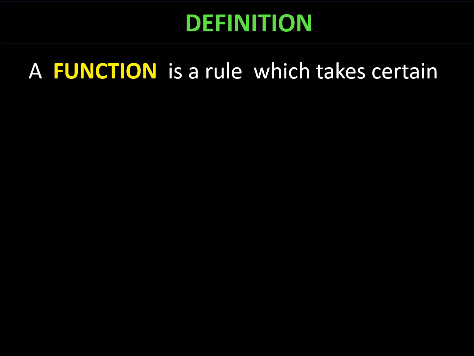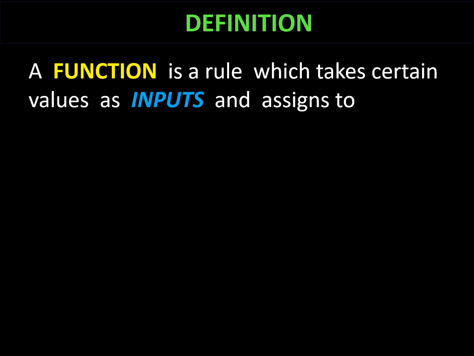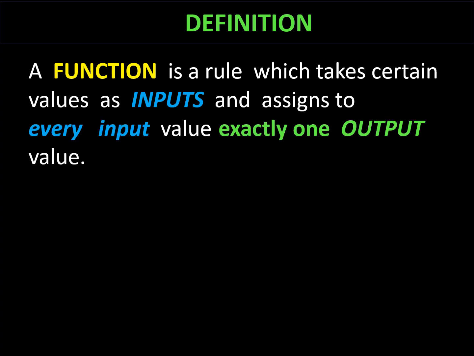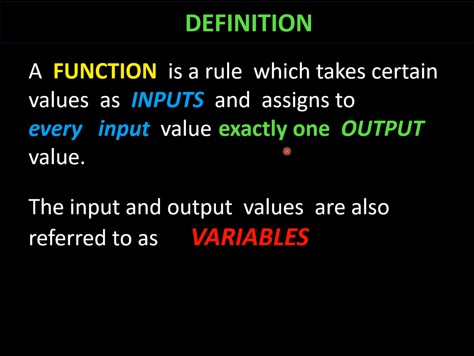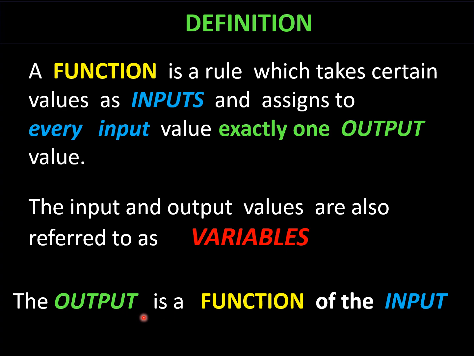A function is a rule which takes certain values as inputs and assigns to each input value exactly one output value. In other words, for every input value, there is exactly one output value.